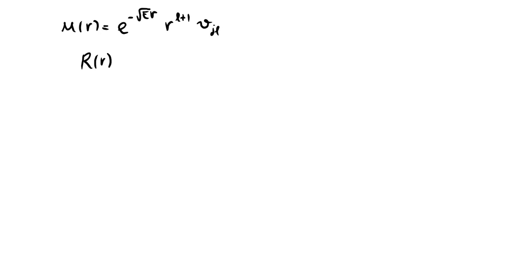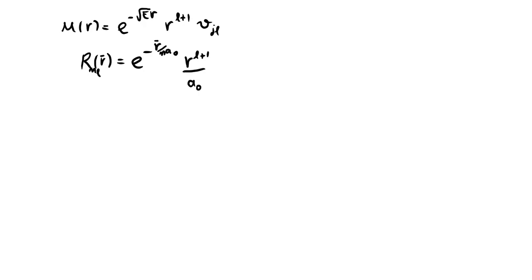Now this R of nl is going to be something like e to the minus square root of e. I will already rewrite all the coordinates in terms of these, with units, so they will need to be divided by a0. Square root of e is going to be 1 over n. And now r to the l plus 1 over a0.